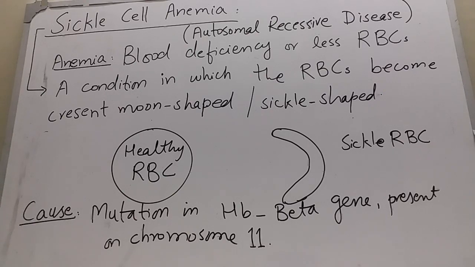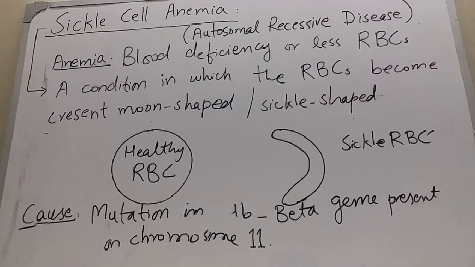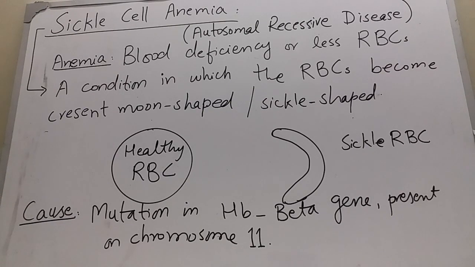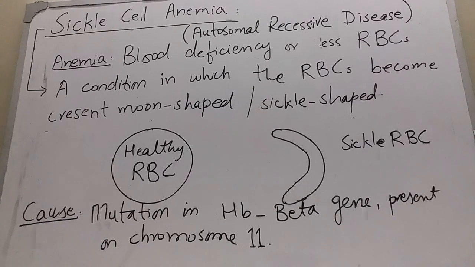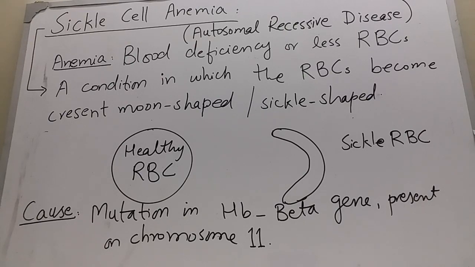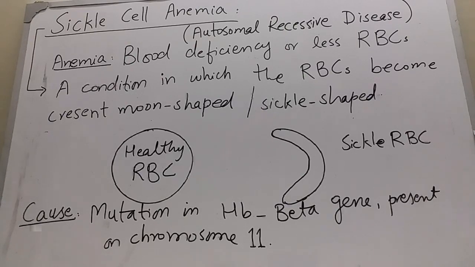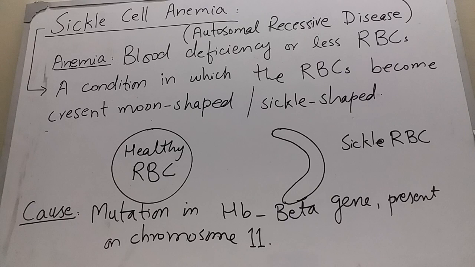It is a gene which is present on chromosome number 11, which is an autosome. So when a mutation occurs in this hemoglobin beta gene, the shape of the hemoglobin is changed. It is distorted, and that is why the shape of RBCs becomes sickle.